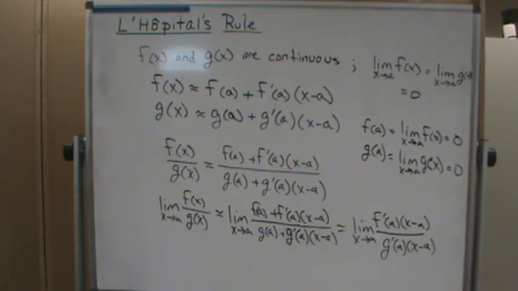And then if we assume that f prime and g prime are continuous at x equals a, then we know f prime of a is equal to the limit as x approaches a of f prime of x, and same thing with g.